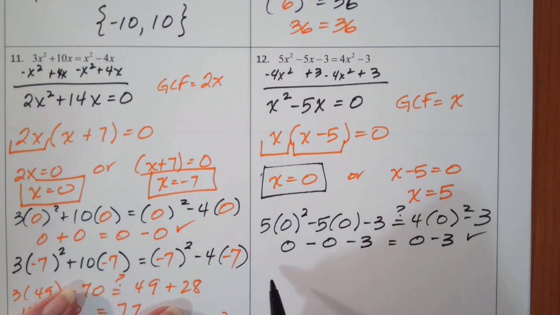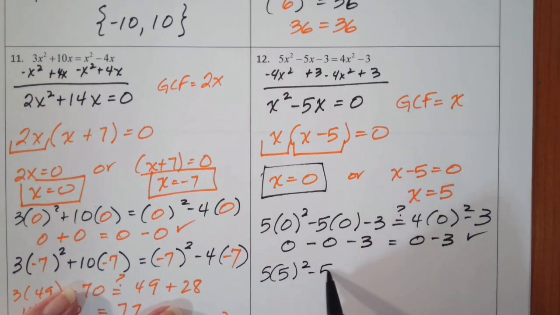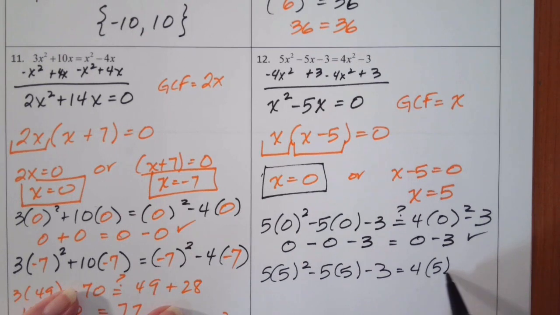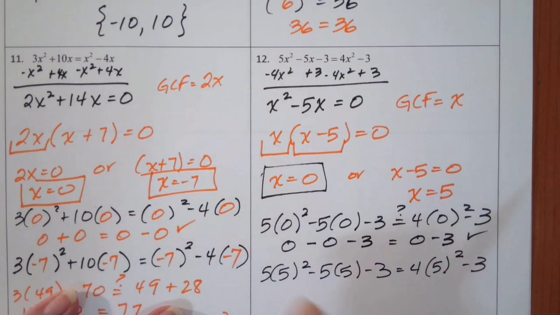All right, the 5 is going to take us a minute. So 5 times 5 squared minus 5 times 5 minus 3 equals 4 times 5 squared minus 3.